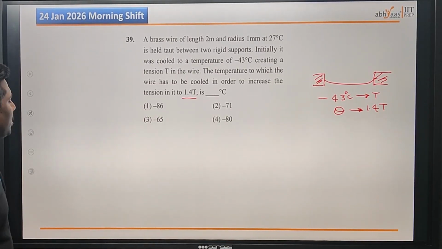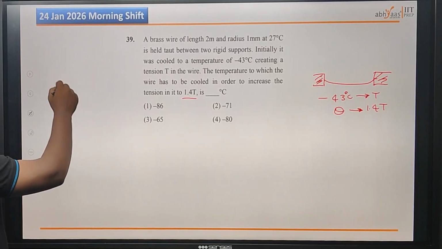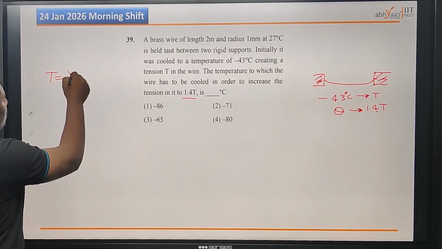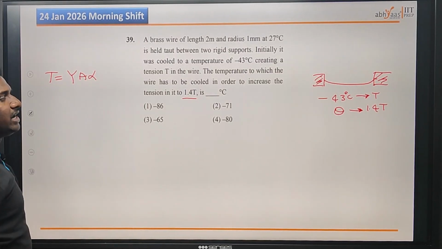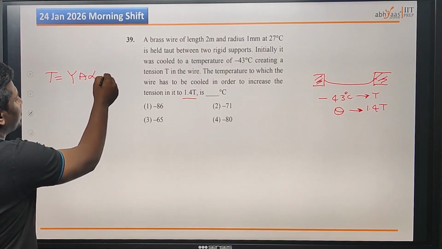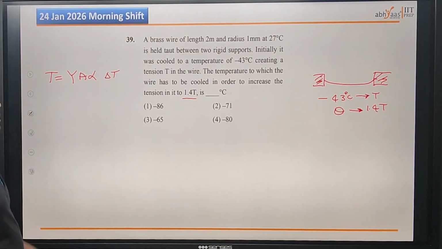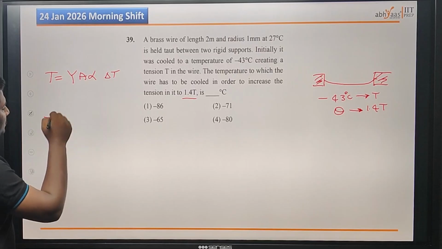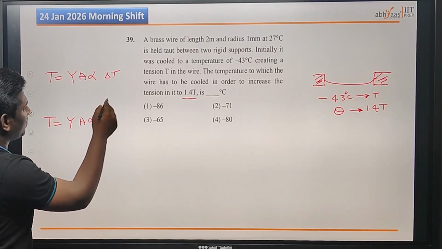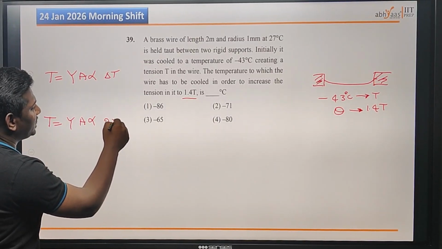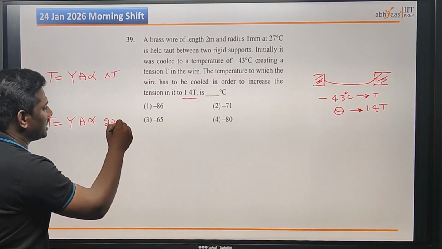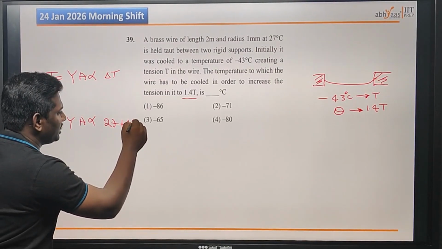So we know one formula. For tension, T equals Y A alpha into the change in temperature, delta T. In the first case, tension is T, and Y A alpha into 27 minus minus 43, that is plus 43.